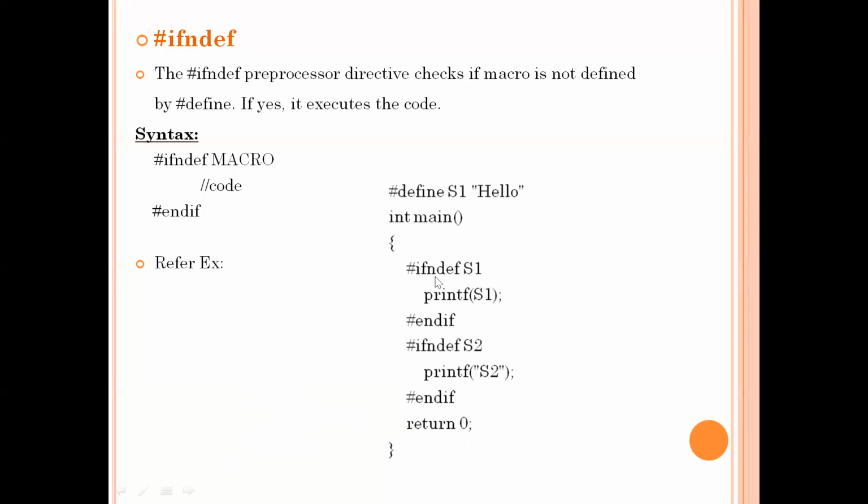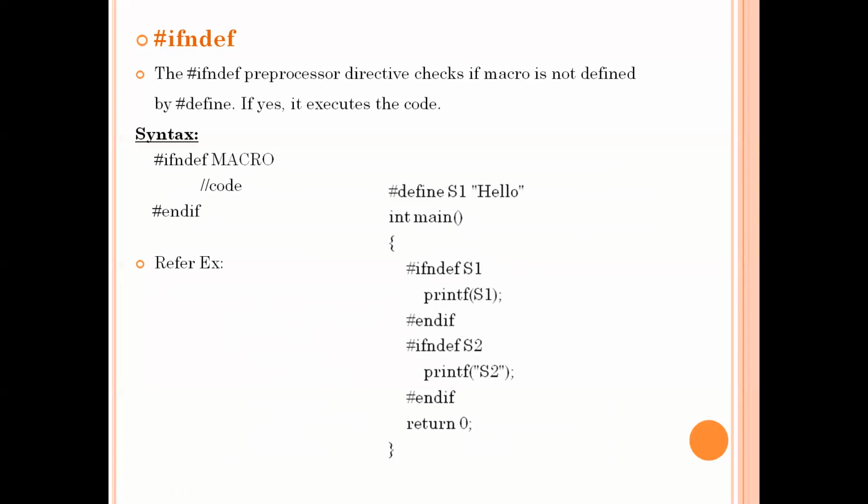What is the meaning of #ifndef S1? If there is no definition for S1, then execute this block. If there is a definition for S1, skip this block. But in our program, there is a definition for S1. So in this case, this #ifndef block will be skipped by the compiler.